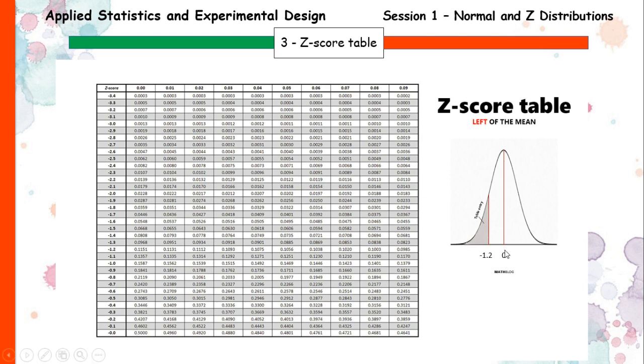And as you see, for example, you know that the probability of values equal to or less than 0 is 50%, because as we discussed, the normal and z distributions are symmetrical, and the probability for values equal to or less than 0 is 50%.